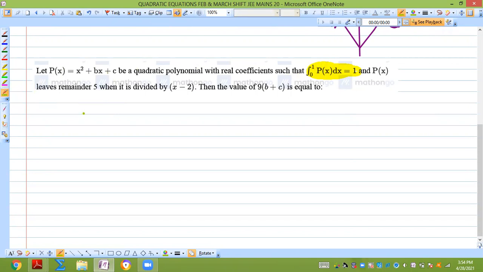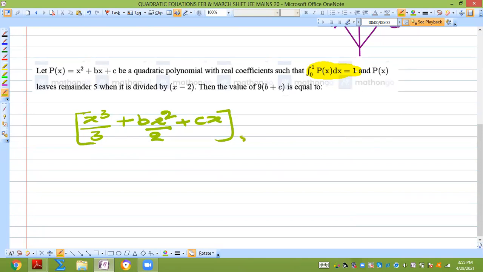So if you integrate it directly, I am writing x cube by 3 plus bx square by 2 plus cx. We are just integrating p of x and the limits are from 0 to 1, which is equal to 1, as they have given. So if you put in 1, you will get that value, and at 0 everything is 0. So 1 by 3 plus b by 2 plus c is equal to 1.